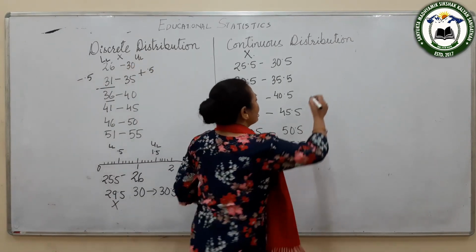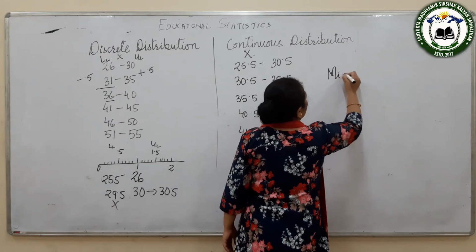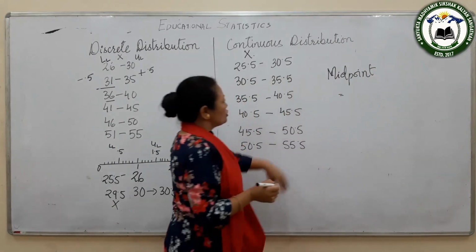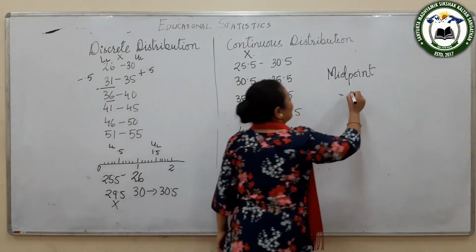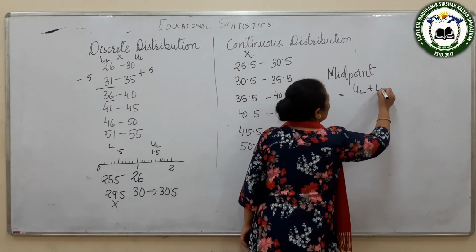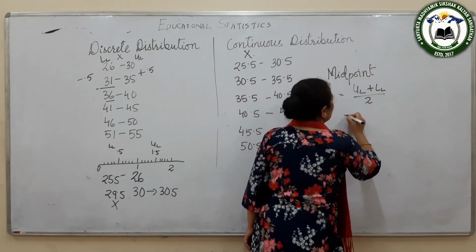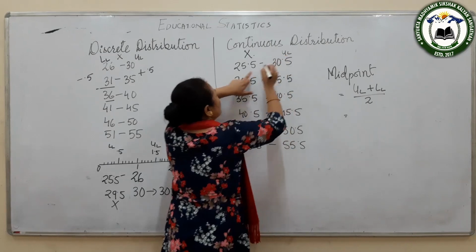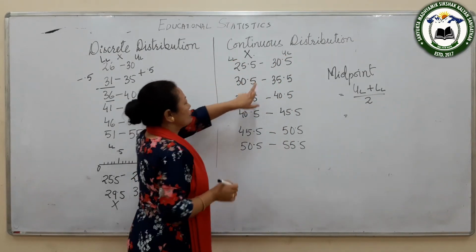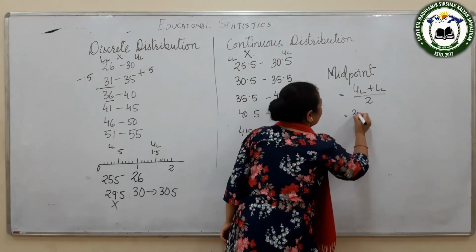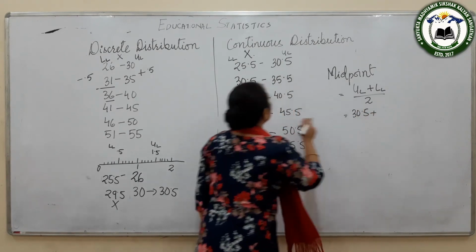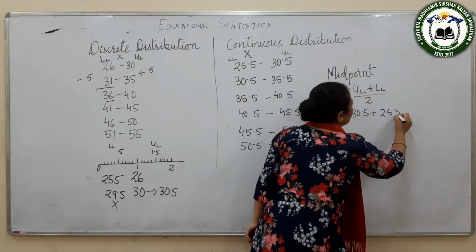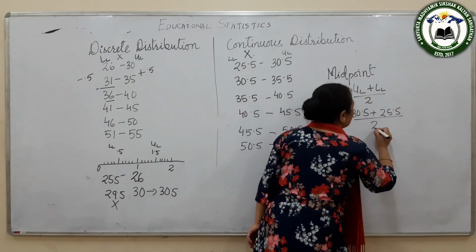Now I have already explained how to take out the midpoint. To take out the midpoint, you have a formula: upper limit plus lower limit divided by 2. So over here, this is my upper limit and this is my lower limit. My upper limit is 30.5 and my lower limit is 25.5, which has to be divided by 2.